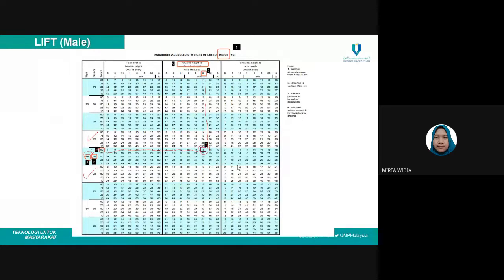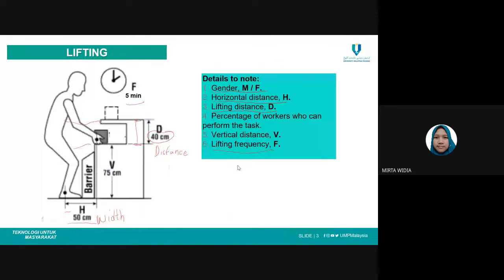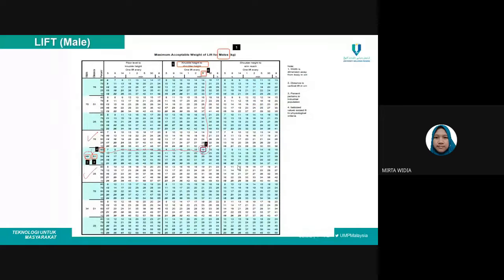The same goes for the lifting condition from knuckle height to shoulder height, or like this one, which is lifting from the knuckle height to the elbow only, not the shoulder. But we look for the worst scenario. So which one is the nearest and also the worst scenario.